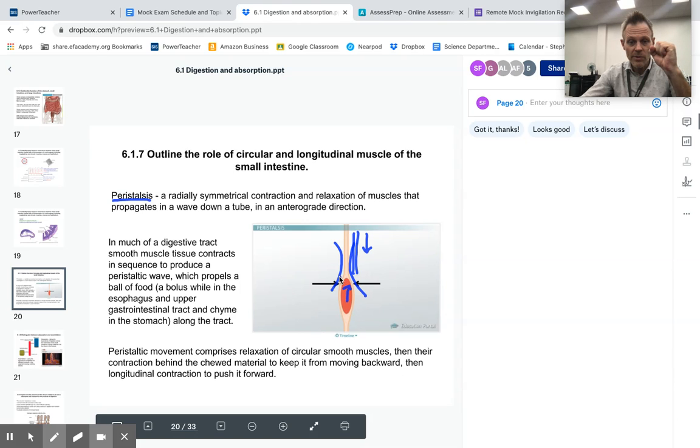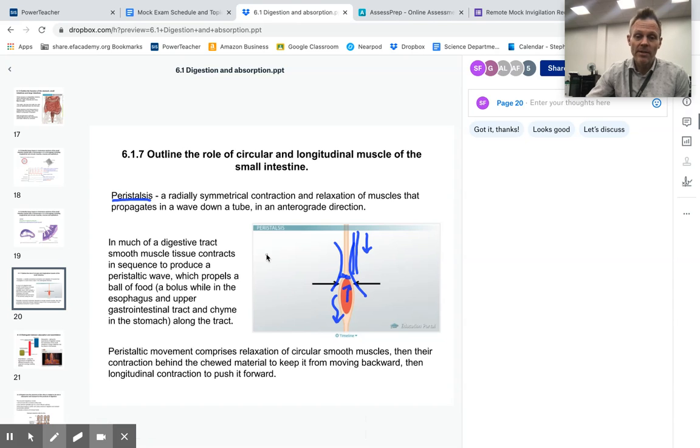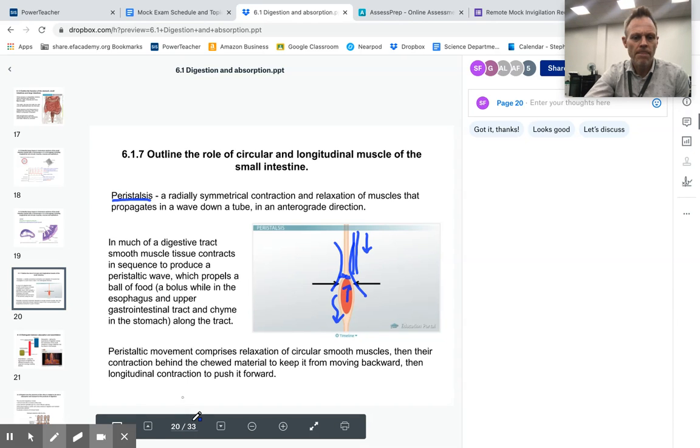Those circular muscles, which are on the inside, contract here and here to make sure food doesn't go the wrong way and all your food flows down this way. That's peristalsis, and those two muscles make sure that happens, moving both the bolus down your esophagus and the chyme down your small intestine.